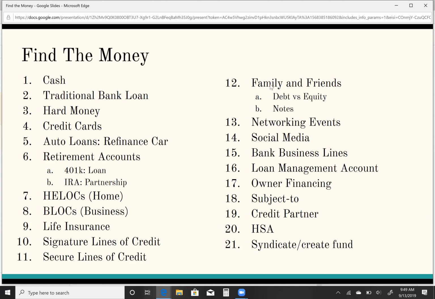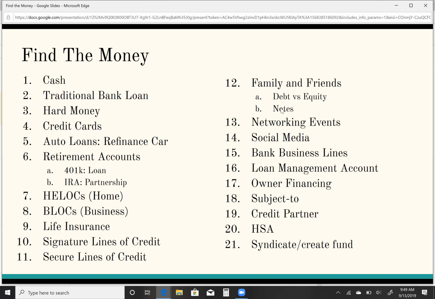I talk to them, and based on how much money I think I can make, based on the relationships, based on what I have going on, I can decide whether I want to bring on money as a debt relationship or an equity relationship.